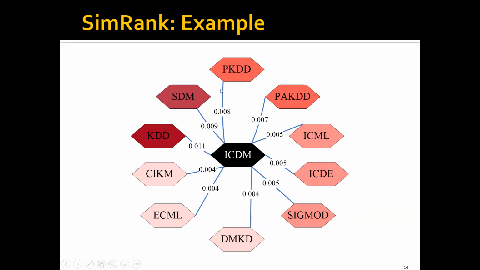Next is PKDD, which is the European version, and PAKDD, which is the Pacific version. And we have ICML, the International Conference on Machine Learning. This is a machine learning conference, and it's related to data mining because they use more or less very similar techniques. And we have ICDE and SIGMOD, which are database conferences.